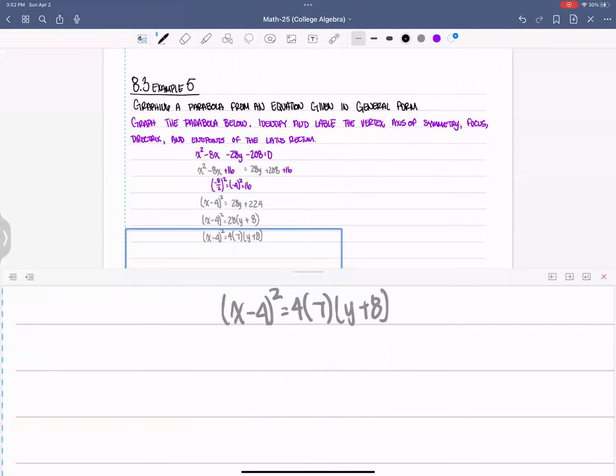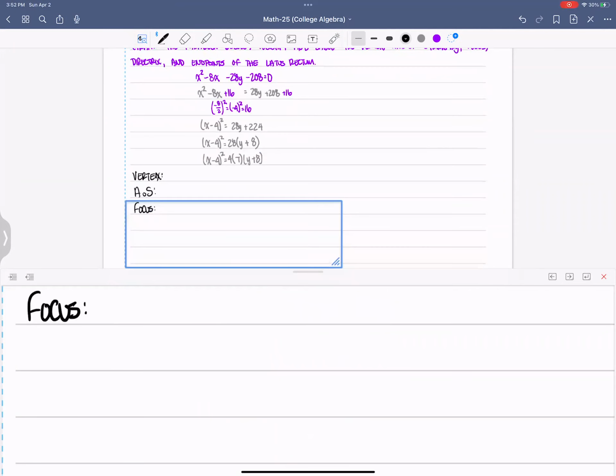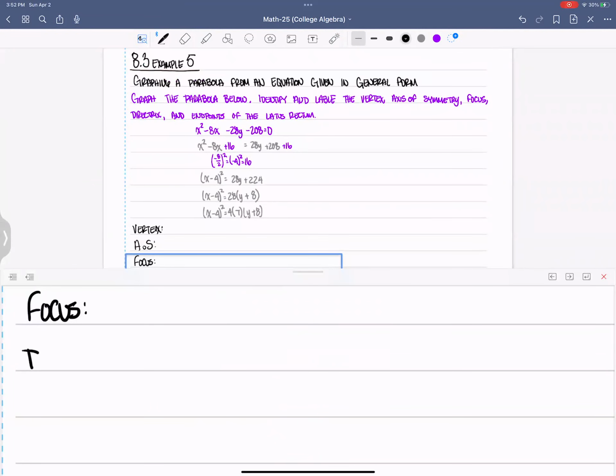That being the vertex, the axis of symmetry, the focus, directrix, and the endpoints that make up the latus rectum.